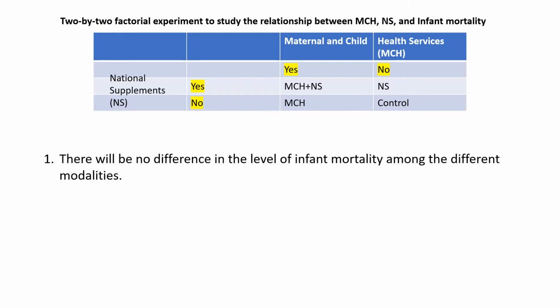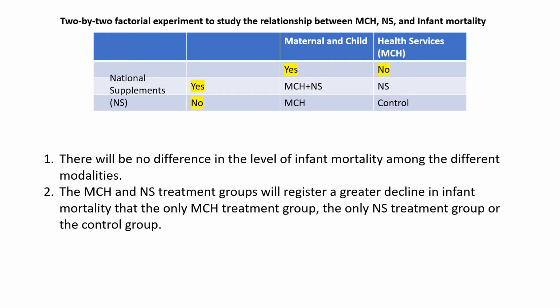For example, we can say there will be no difference in the level of infant mortality among the different treatment modalities. Or we can say the MCH and NS treatment groups will register a greater decline in infant mortality than the only MCH treatment group, the only NS treatment group, or the control group.